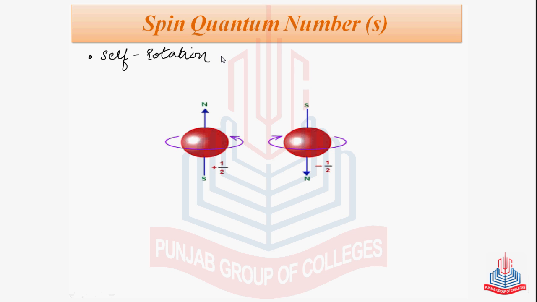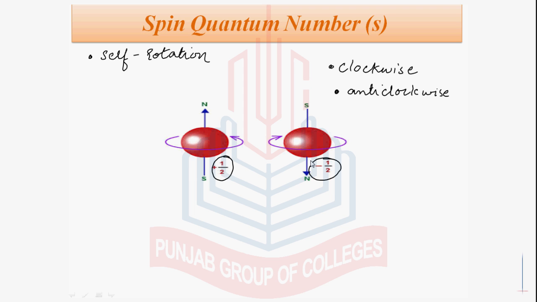As we can see here, this spinning of electron about its own axis can be in a clockwise direction or it can be in the anti-clockwise direction, as we have shown it with the plus half or minus half. Hence we can say that the opposite magnetic fields are generated by the clockwise and the anti-clockwise spins of electrons.